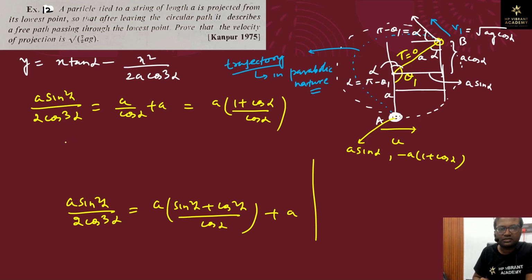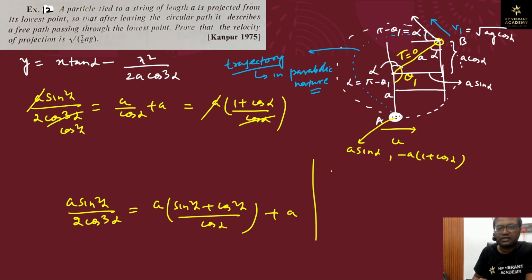What we are having is that a times of this, a gets cancelled. So we have this cos cube alpha and this cos alpha, so this gets cancelled to cos square alpha.